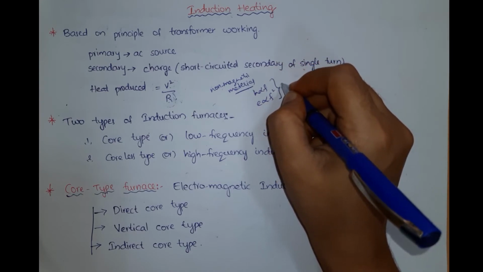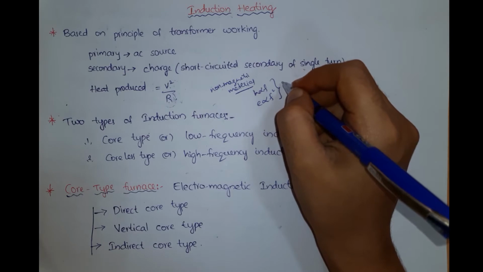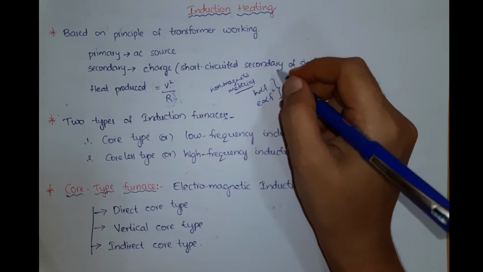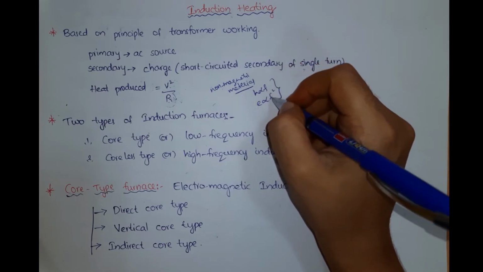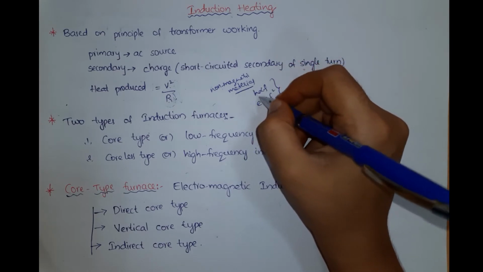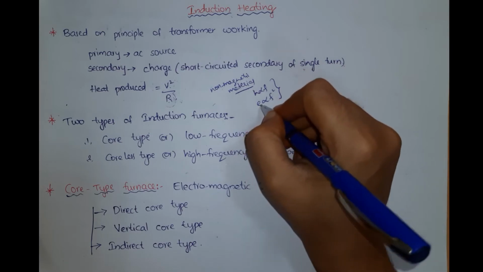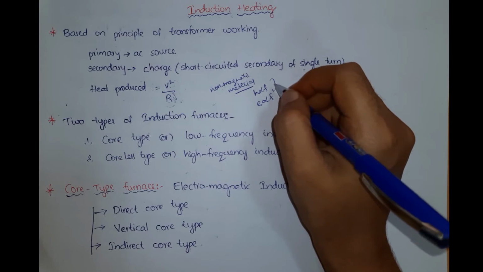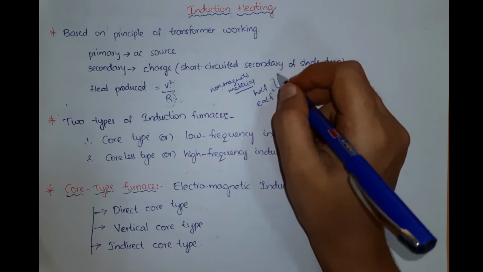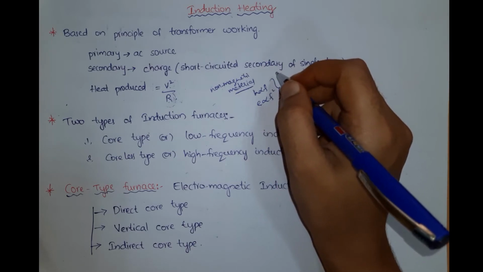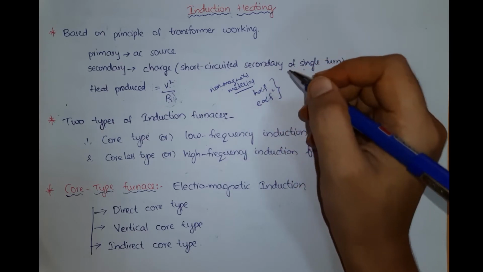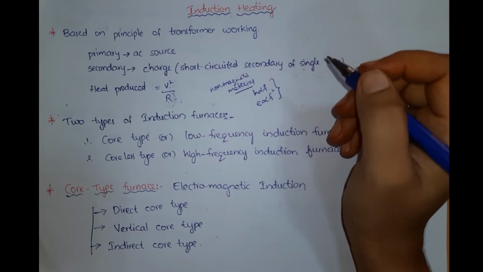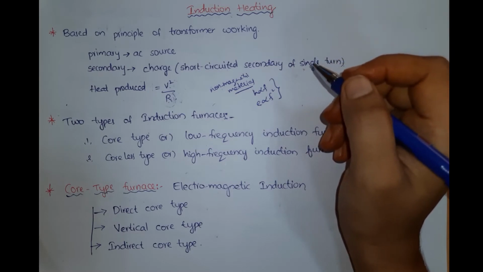That means this proportionality will be valid only for low frequencies. But when you go for higher frequencies, what happens? The effect of these eddy current losses and hysteresis losses will be seen only up to a certain level of frequencies. After a certain level, if the frequency is so high and the temperature of the material rises above a certain temperature, then the magnetic material gets saturated.